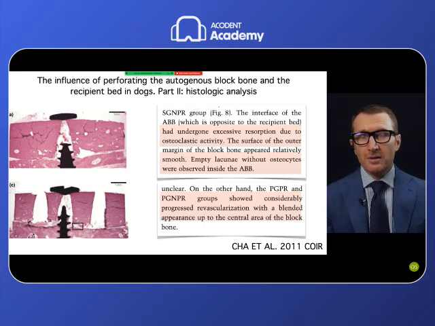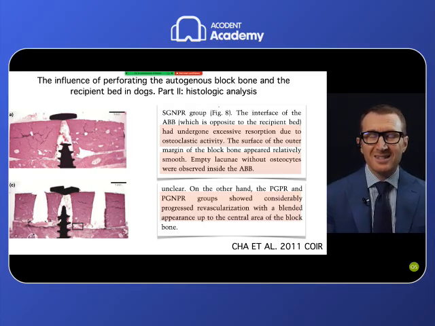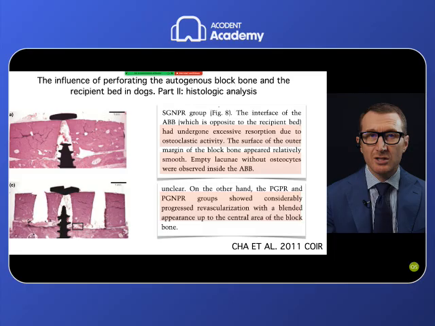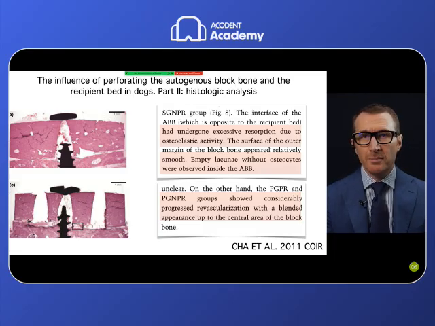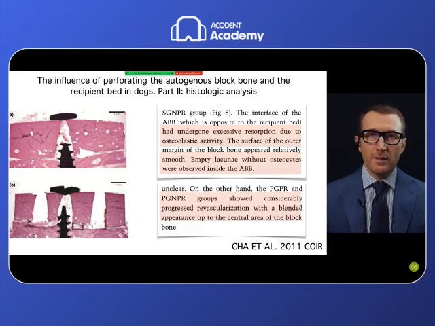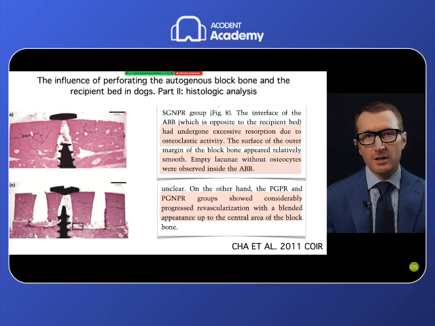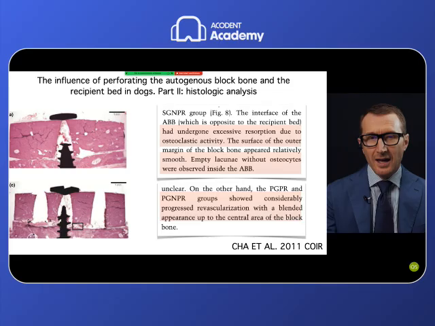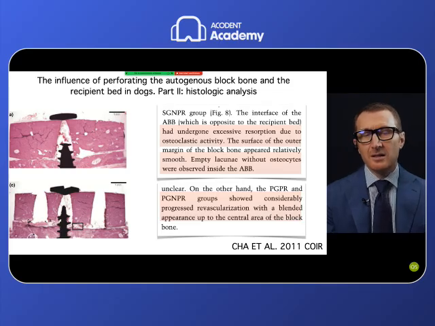And for example, in this paper, just the opening of new spaces by perforating the block strongly improves the new bone formation and the revascularization process, because in a sort of way we are reducing the thickness of the cortical block by applying perforations and tunnels in this block.